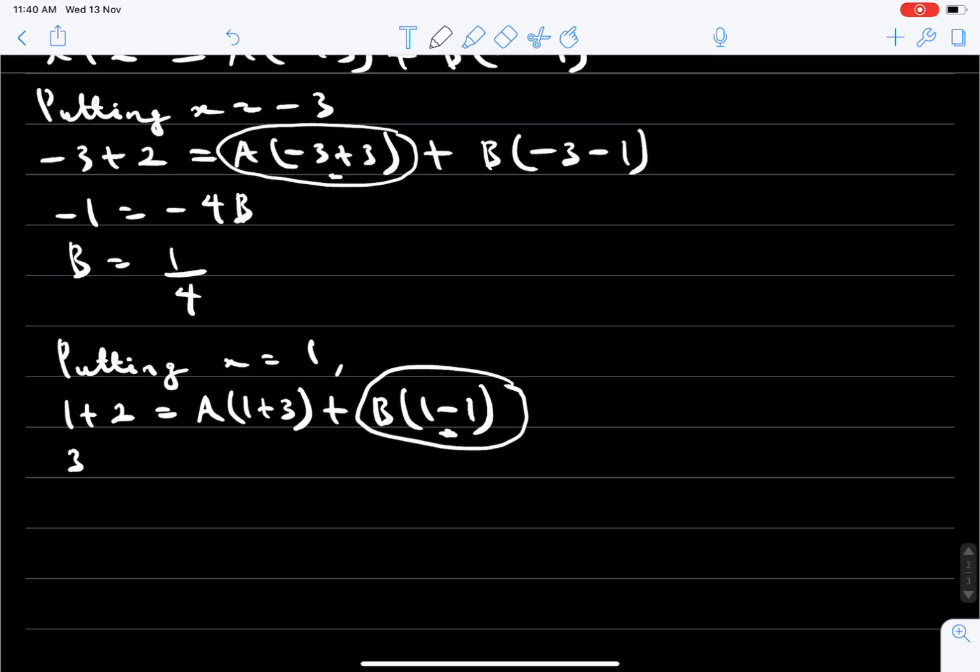And we have 3 equals 4a, which means a is equal to 3 over 4.